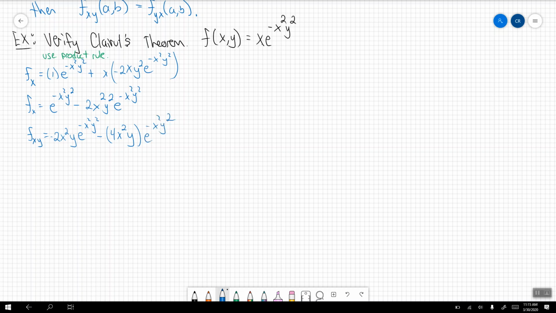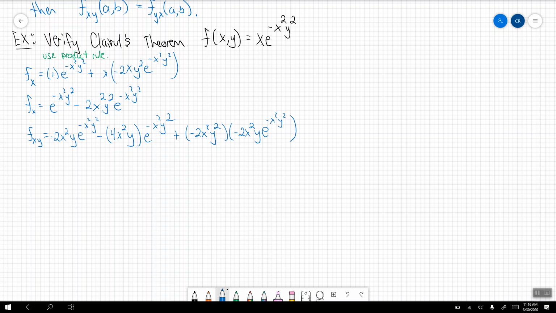There we are. Good so far. Great. Plus the first function, which was negative 2x squared y squared, multiplied by the derivative of the second function with respect to y, that's going to be negative 2x squared y multiplied by e to the power of negative x squared y squared.